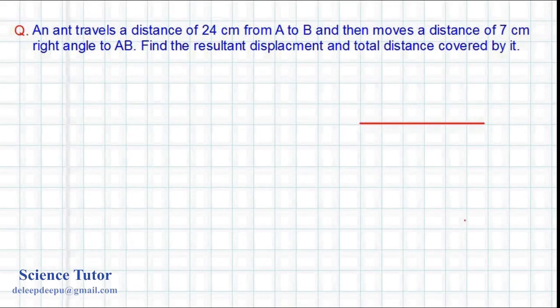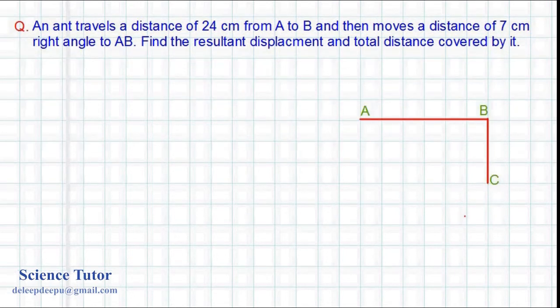Let this be the path of the ant. First it travels straight and then turns 90 degrees. We can mark it as A, B and C. A to B and then B to C. So the distance from A to B is 24 centimeters and B to C is 7 centimeters.